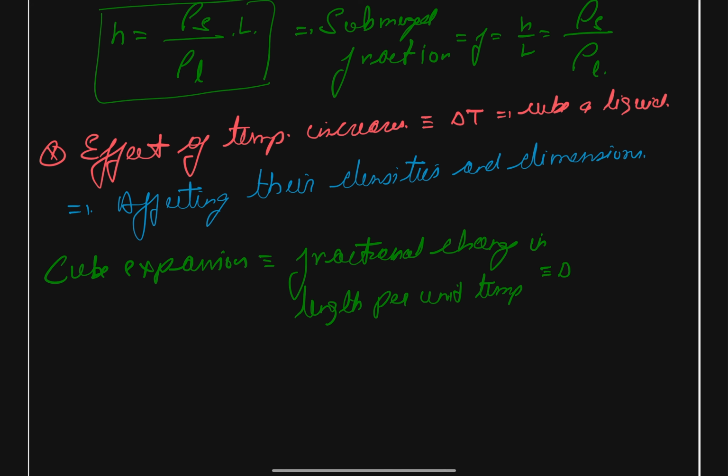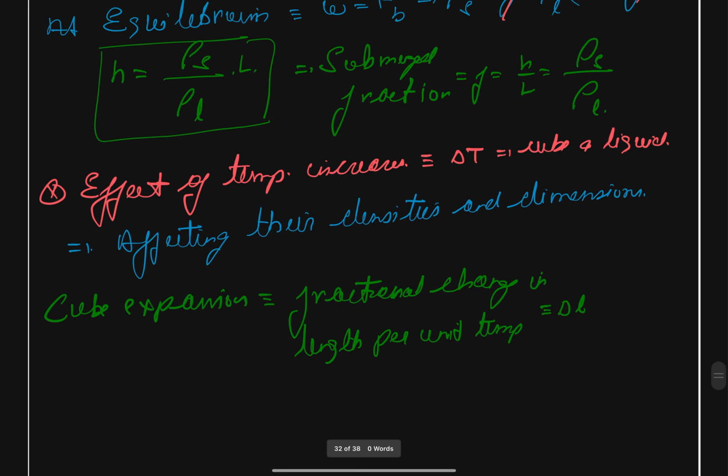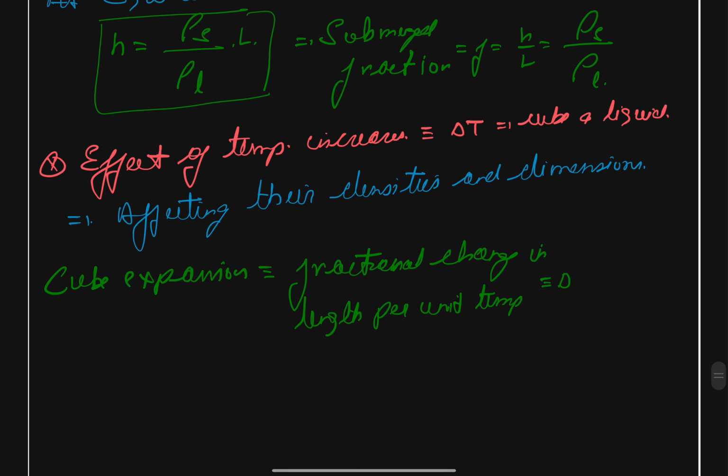That is our delta L over the length, which we have assumed to be capital L. So let me write this as delta L will be equal to the linear expansion coefficient, times the original length, multiplied by the change in temperature.